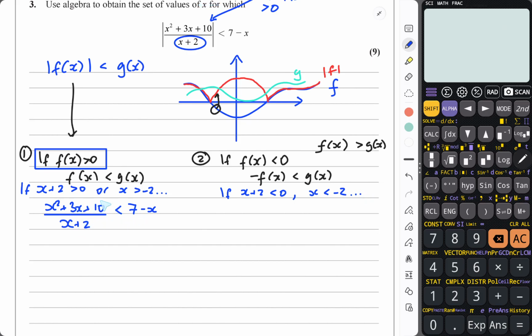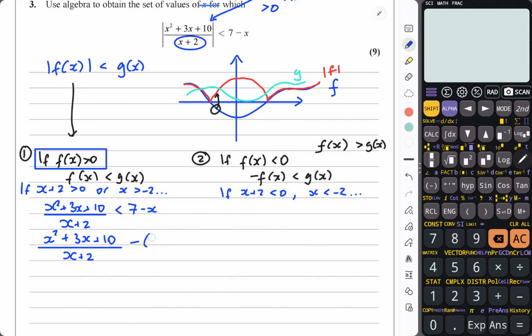So if I come back to my first case and solve that, I'm going an easy way, rather than fiddling about with whether something's positive or negative and multiplying through, which you can do in this case because you know x plus 2 is positive, so I can multiply by the denominator and it won't affect anything. But something that I think is better is always just to subtract things.